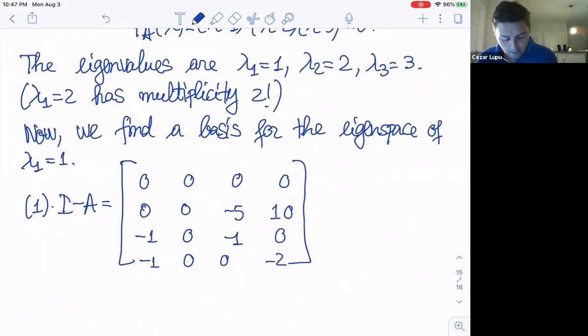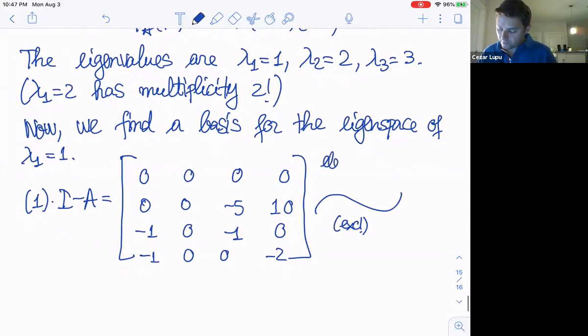The identity minus A, and by elementary row operations, this will be equivalent. I'll leave it to you again as an exercise. Anyway, it's very easy to see that we can write this in row echelon form. This matrix will be equivalent with the following matrix in row echelon form.